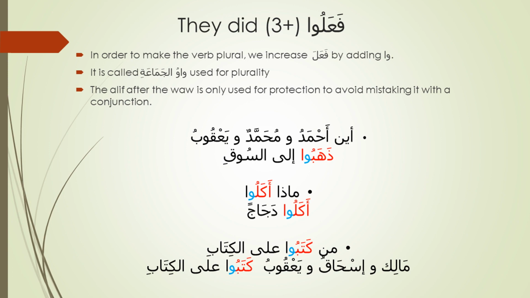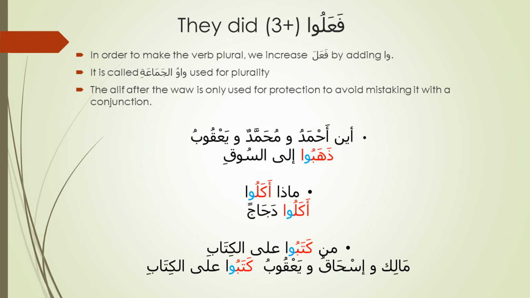Yeah. But the thing is now, you have to look at the ba. The ba is taking a dhamma. Where in the previous ones, the lam kalima takes a fatha. But here, it is taking a dhamma, fa'alu.